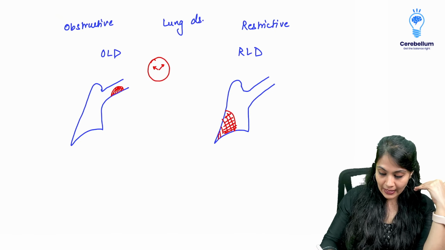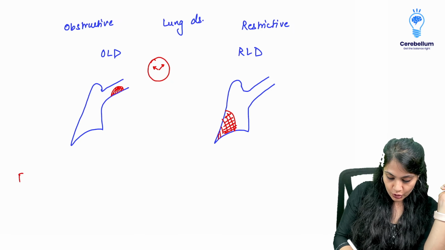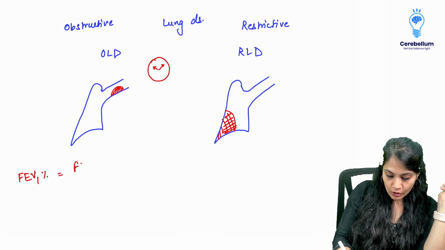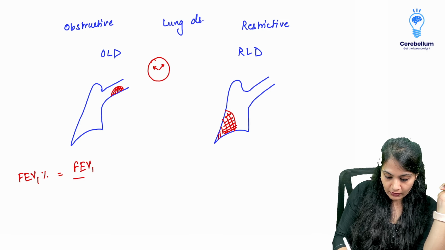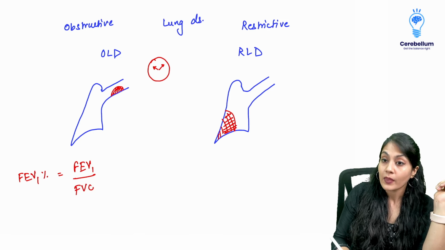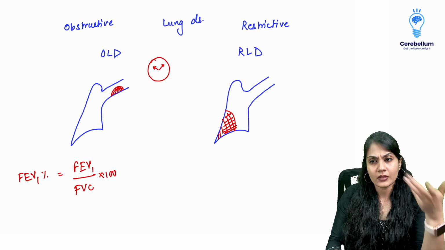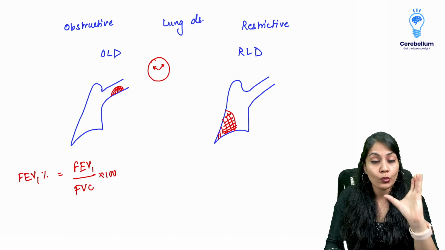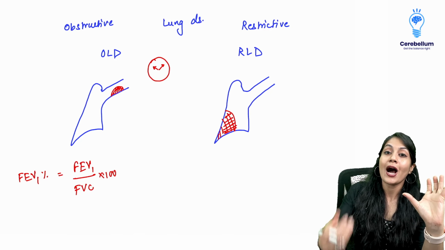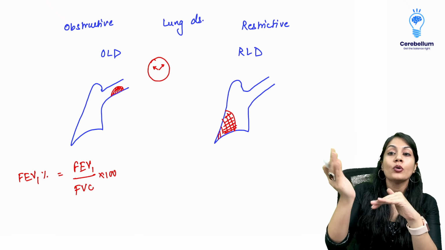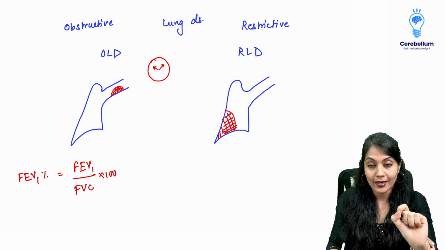So how are you going to calculate the FEV1 percentage or ratio? You're going to calculate FEV1 upon FVC into 100. That is how we calculate the percentage. What was the total volume, out of which how much amount of air came out during the first second, right?